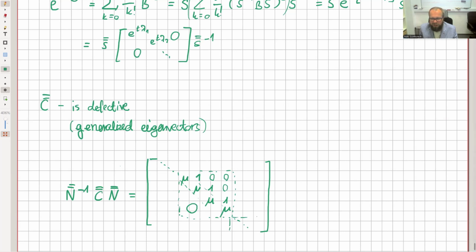And if you have more defective eigenvalues, you will have more blocks like that and zeros everywhere. Okay, so this thing is called the Jordan block, and this is a Jordan form.